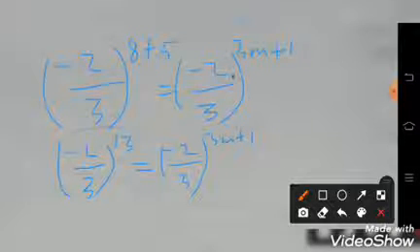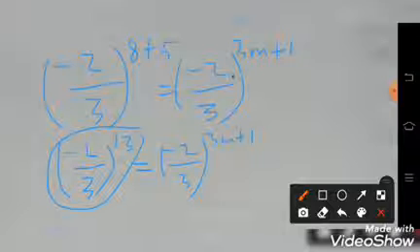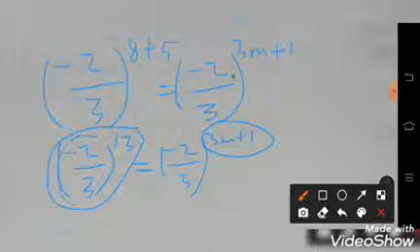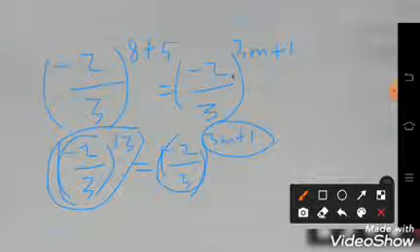So we got it like this, with the exponents. And now you can compare the base again. Minus 2 by 3 and minus 2 by 3, they are equal again.